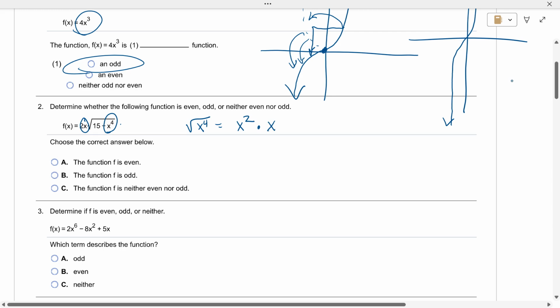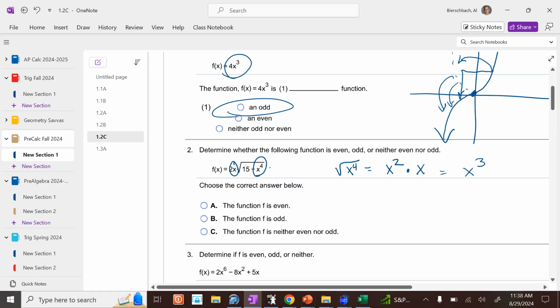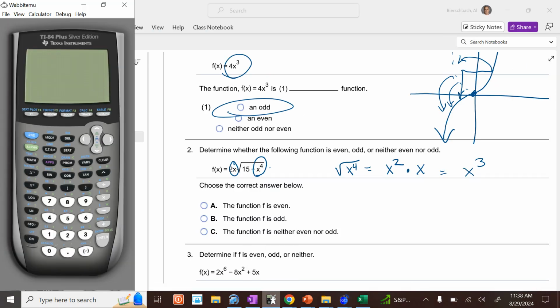Now, you could say, well, that makes x cubed. Well, let's look at this on a graphing calculator. It is 2x times 15 minus x raised to the fourth power.